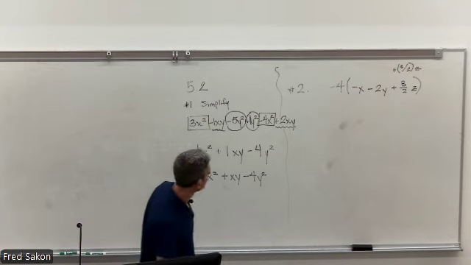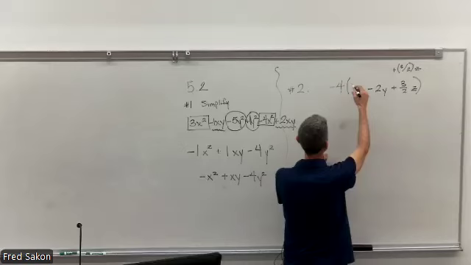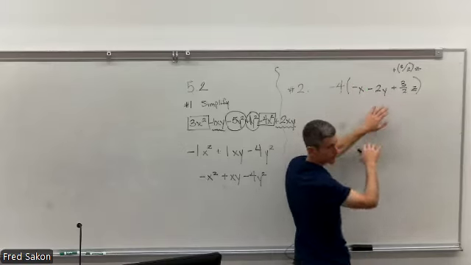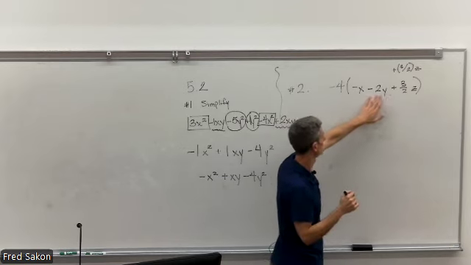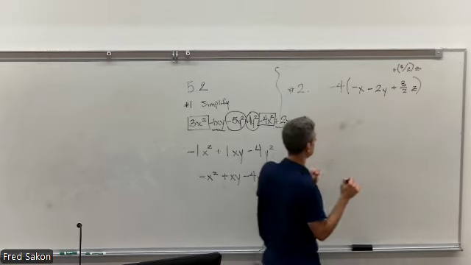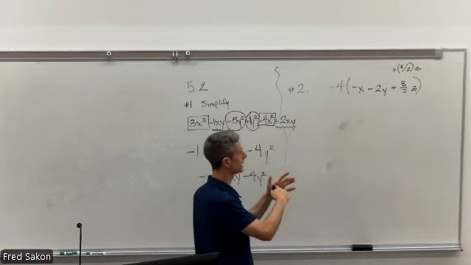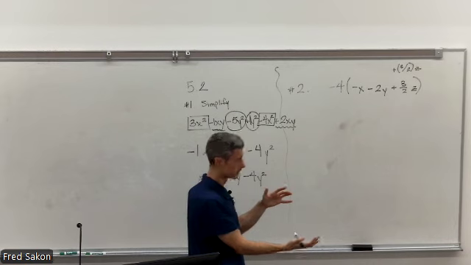Now, we're going to distribute because none of these things can be combined. They're all a different letter, right? So we can't do anything within the parentheses, and it's in this case where we turn to distribution.